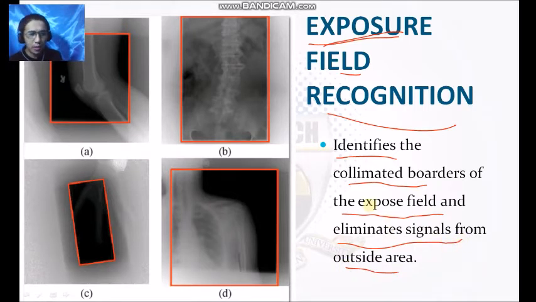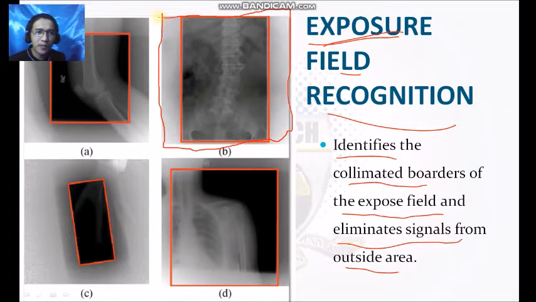Okay, so the computed radiography scanner is very sensitive. It's very sensitive to the collimated part. Like for example, in these images, the whole of this part is the size of the IR. This is the size of the IR.